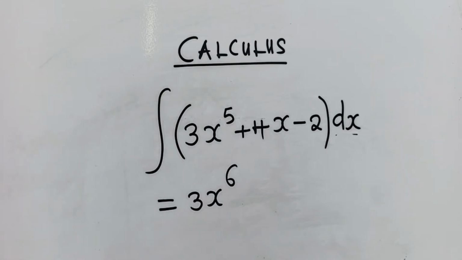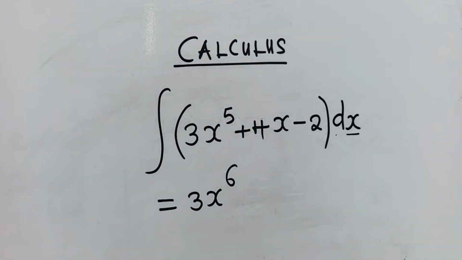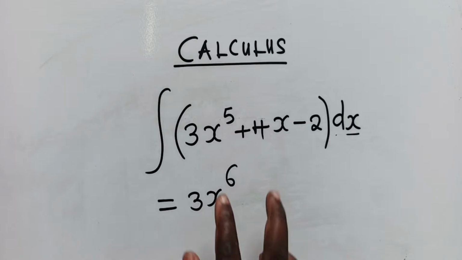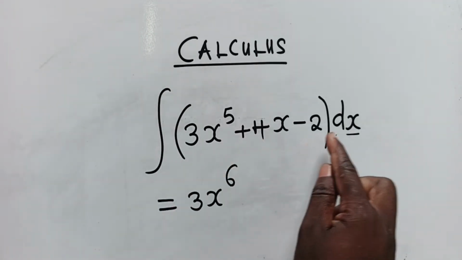Okay, so dx here just guides us to know the letter we are respecting. This letter is the letter we are respecting, meaning we're not going to do anything to any other letter we see here, except the x letter.